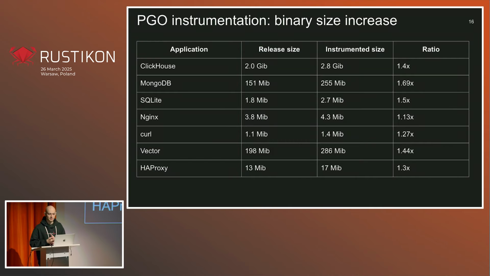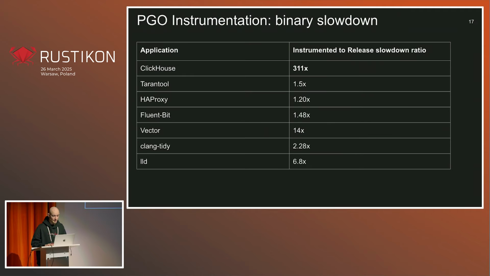Up to 2x increase, so we can live with it because disk space is pretty cheap. However, the binary slowdown can be a tricky thing because in practice it is unpredictable. It depends on the structure of your application. It depends on the target workload of your application, how many instrumented branches, for example, are executed, and so on.